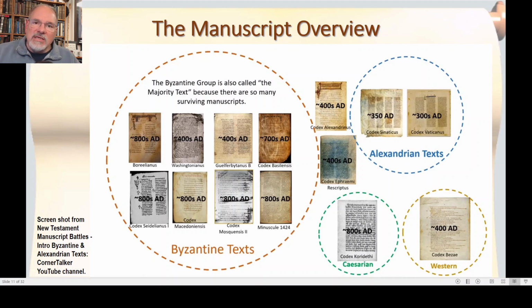So as you can see in the upper right, those are called Alexandrian texts. Those are really what fall into the category of critical texts. The Byzantine texts are on the left. They are the majority. And then there are some selected others. Notice that the Western text there in the red circle, that is Codex Bezae.